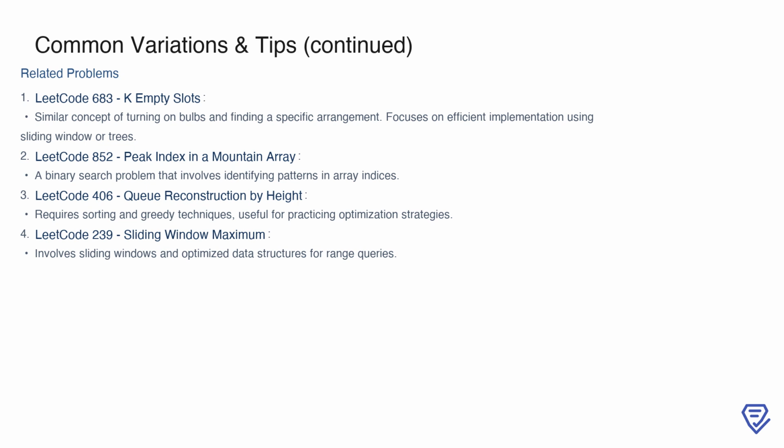It requires sorting and using greedy algorithms, which are valuable for practicing optimization strategies relevant to k-empty slots. Lastly, LeetCode 239, sliding window maximum, is a classic problem that involves sliding windows and optimized data structures for range queries. By solving these related problems, you can strengthen your ability to recognize patterns and develop techniques that apply to a broader range of challenges.